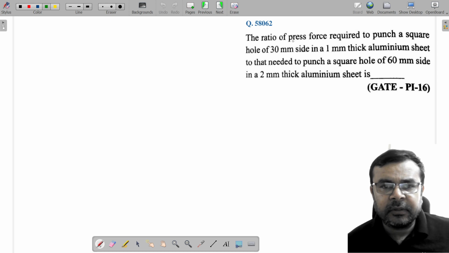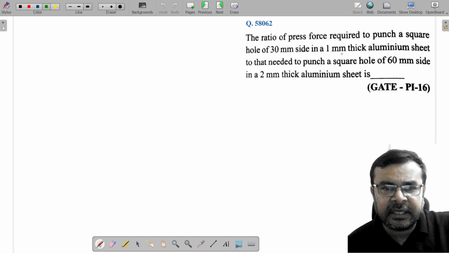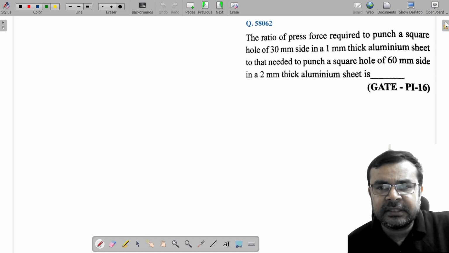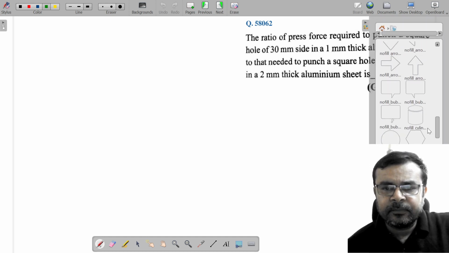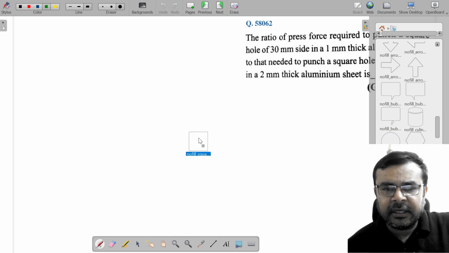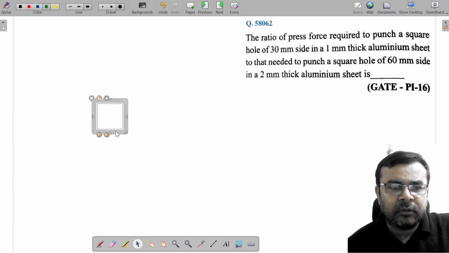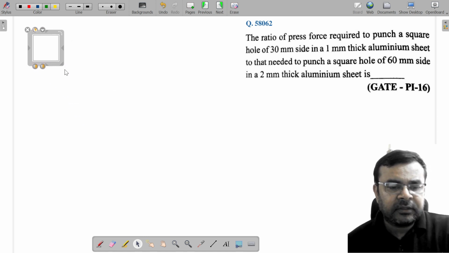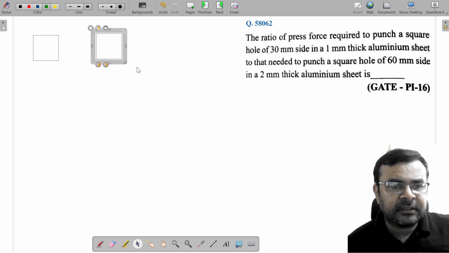The ratio of press force required to punch a square hole of 30 mm side in 1 mm thick aluminum sheet to that needed to punch a square hole of 60 mm side in 2 mm thick sheet. So let's suppose we have a square hole, correct? This is the first case and this is the second case.